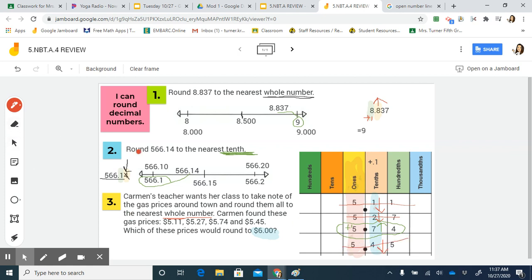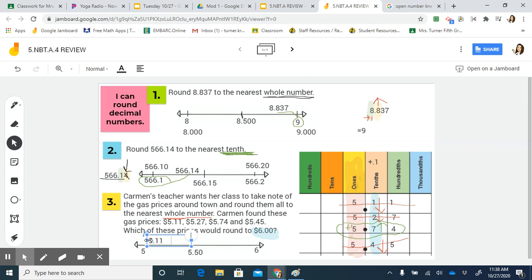So if I had a number line here, I'm just going to take this. And I was putting these between 5 and 6, so they all start at 5. So what's in the middle of $5 and $6? $5.50, right? So that would be my midpoint, $5.50. So if I was to put these numbers on there, $5.11 would be over here.